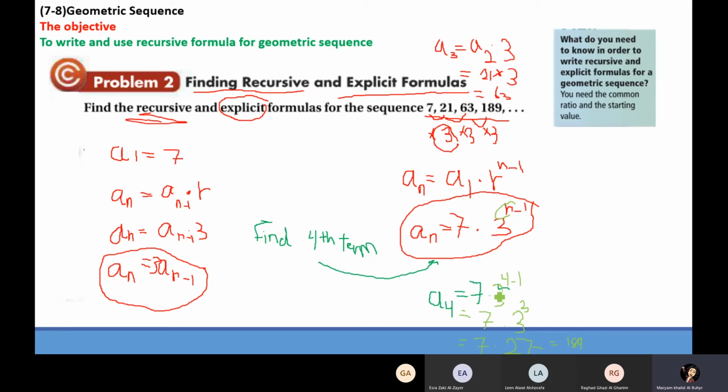We did not depend here in this formula on any term from before. I just depended on the common ratio, which I can easily find from the first 3 terms or first 4 terms. What about this one? If I want to find the fourth term by using... I don't know where is the mouse.